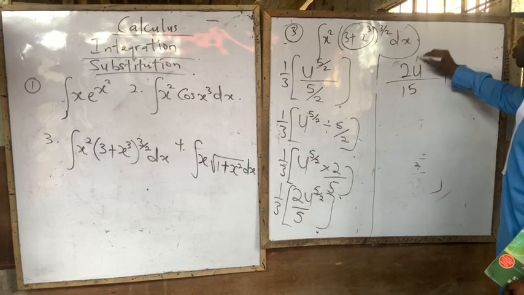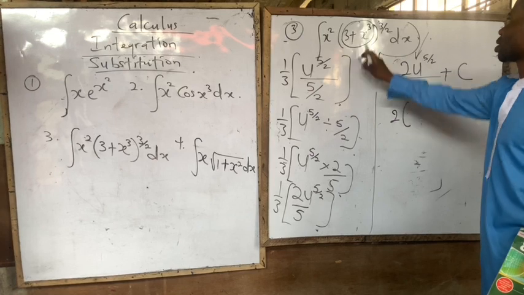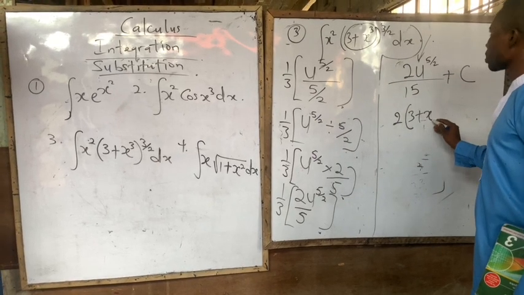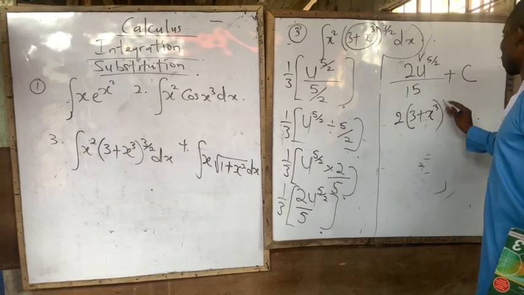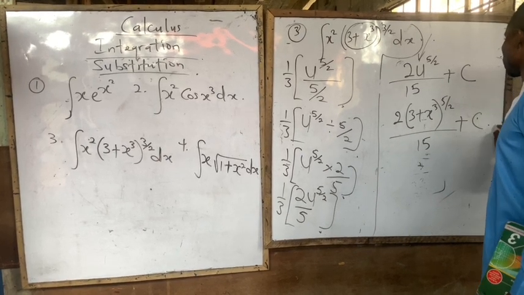And we know our u is 3 plus x, so we have 2 times (3 plus x) raised to power 5 all over 2, all over 15, plus c.